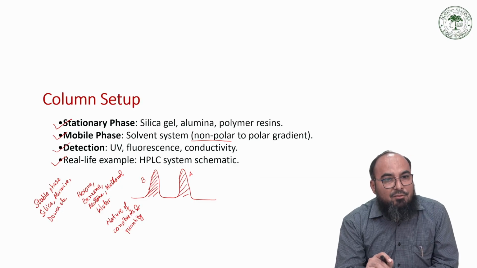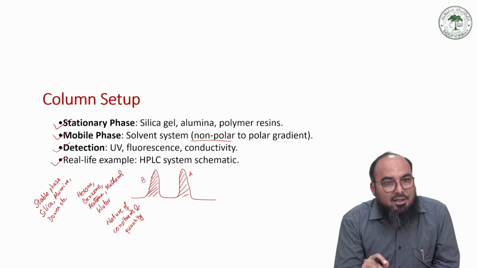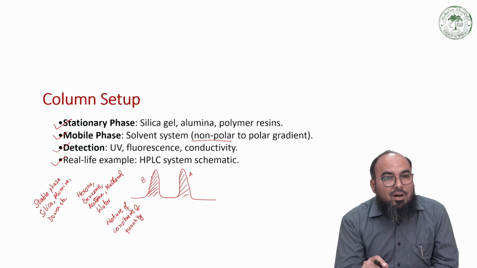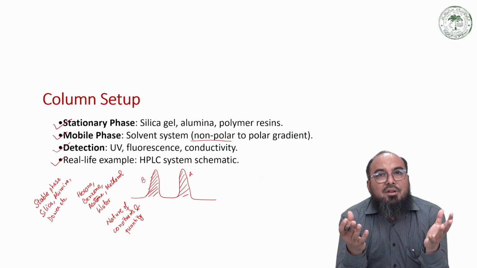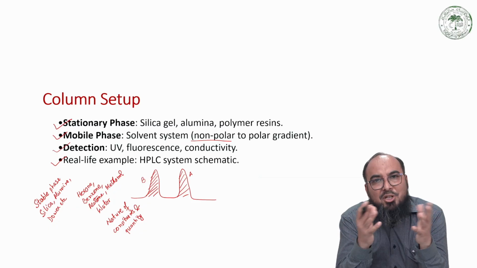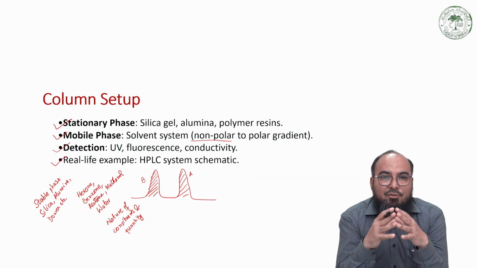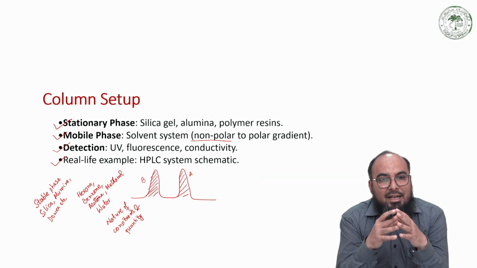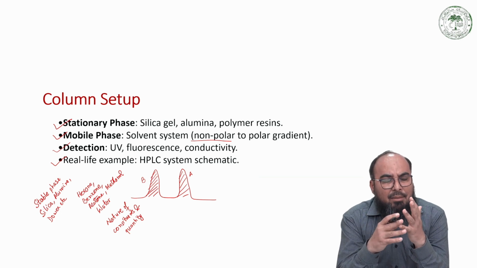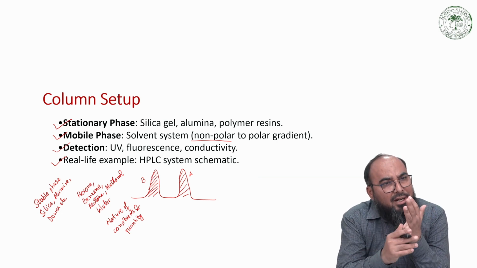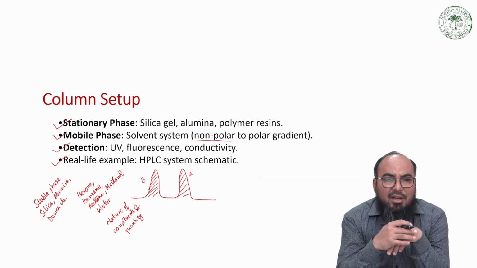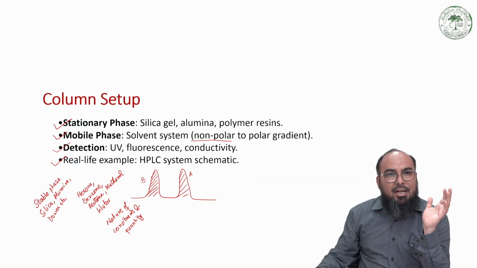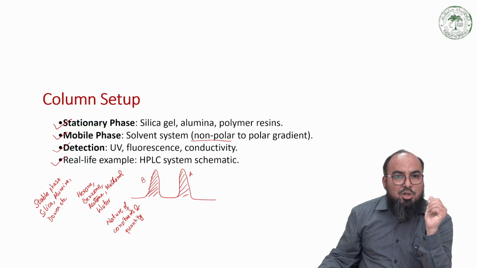First, we choose our stationary phase, then we ascertain our mobile phase, and these two are chosen keeping in mind which type of mixture we are going to separate. Then we choose the detector accordingly. We can have a number of detectors, for example UV visible detector, fluorescence detector, conductivity detector, thermal detector, a myriad of detectors depending upon the type of elution.